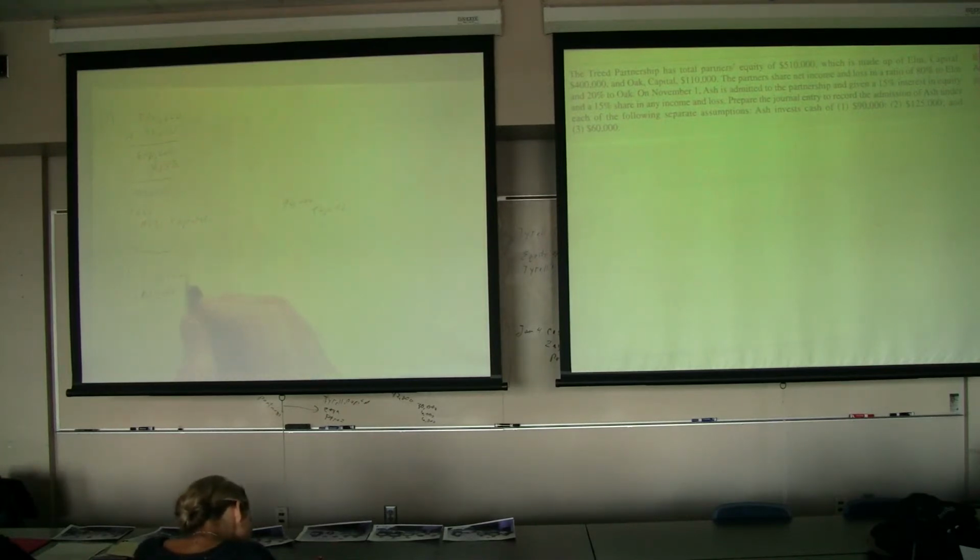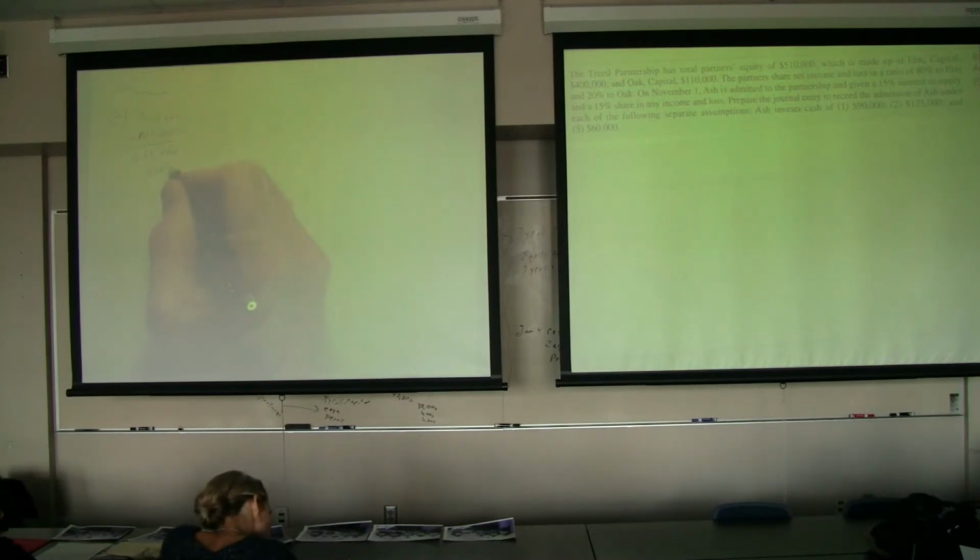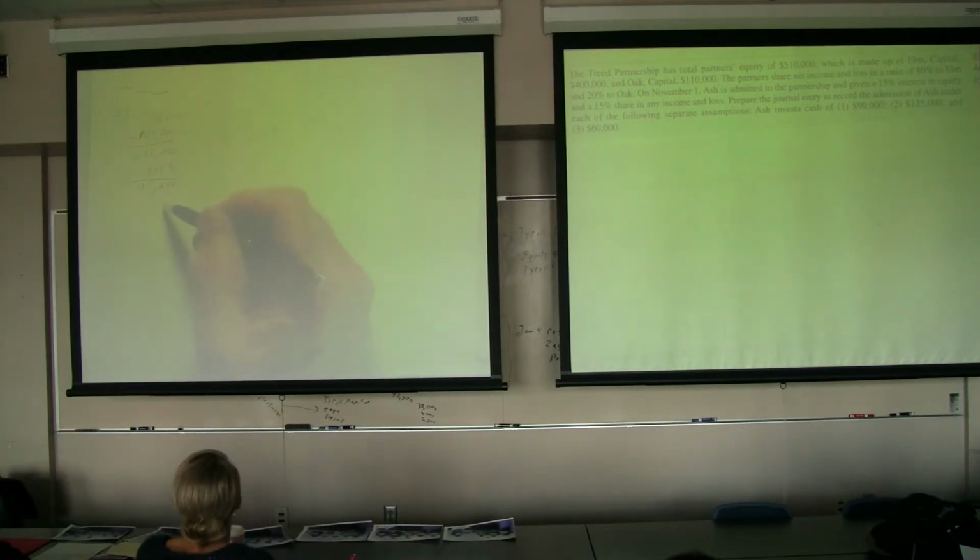This is before his investment, this is his investment, so after his investment it's 635. Multiply that times 15%, and his equity will be 95,250. So he's going to invest this amount, and this will be his equity, so the difference will be a bonus to the old partners.